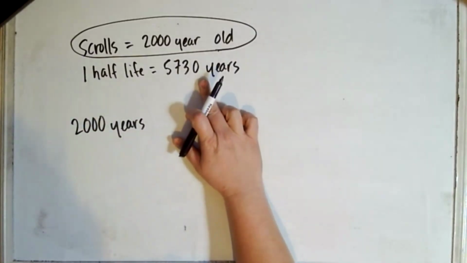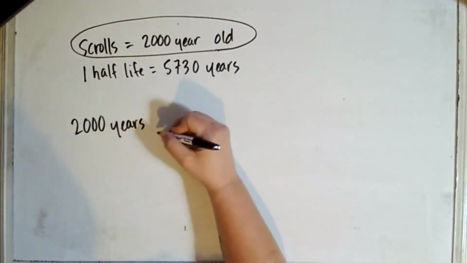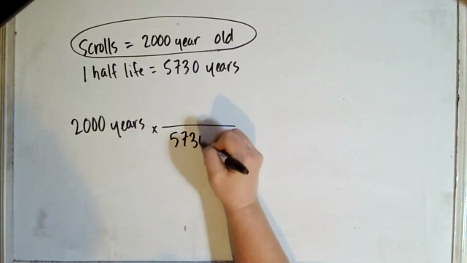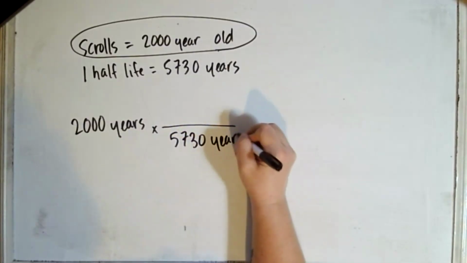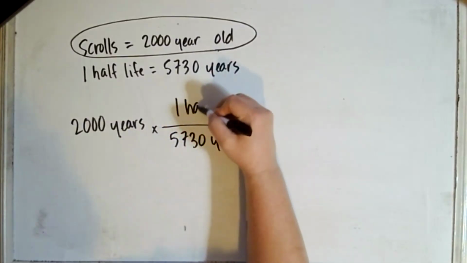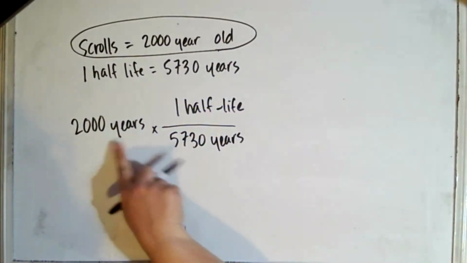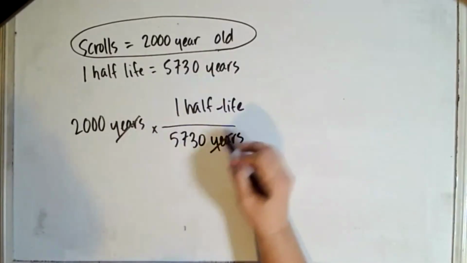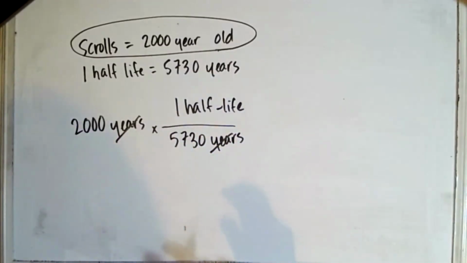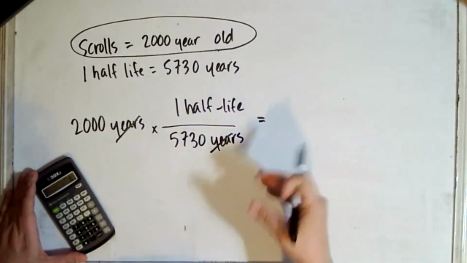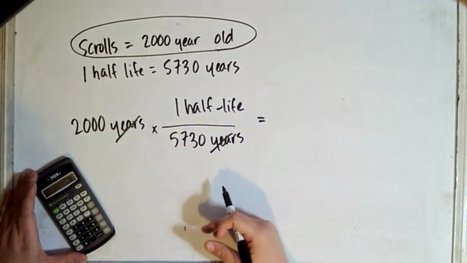So I know I haven't reached a full half-life yet. But I can look at that number and I can say, all right, well, I'm going to take my 2,000 years and divide it by that half-life value, and that'll tell me what fraction of my half-life has gone by.